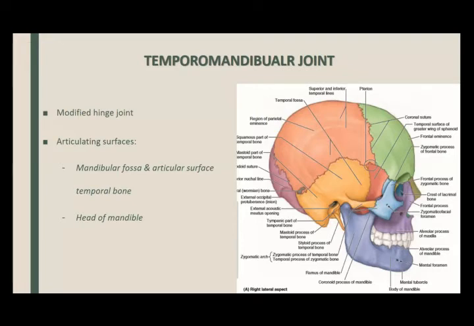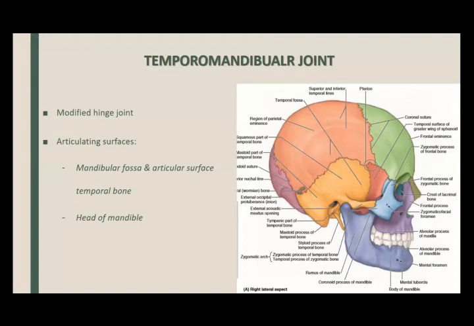In every joint, the articulating surfaces, these surfaces, the head of the mandible and the undersurface of the mandibular fossa. I'm talking about these two articulating surfaces. Normally, in a joint these articulating surfaces are covered with hyaline cartilage, articular cartilage, which is a variety of hyaline cartilage. Okay? That is what normally happens in every joint.